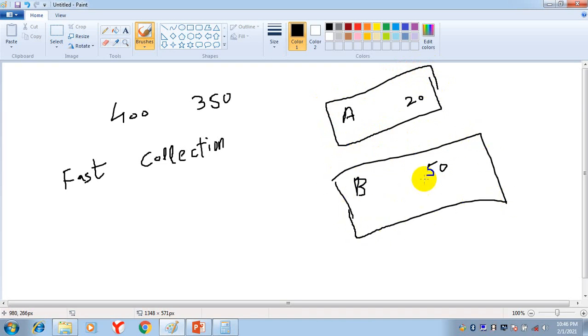So it shows that in the market 50 days is acceptable, but you are making payment in 20 days, which is not a good sign, because your competitors are utilizing cash for 30 extra days.